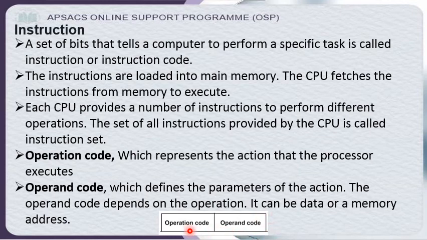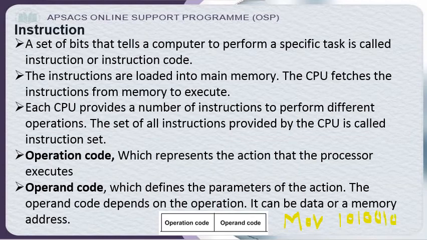Here we can say that the operation code is a specific operation, just like if I say here, move. Move is one of the operation codes, and then I write a memory location, meaning move this data to a certain memory location in binary form.